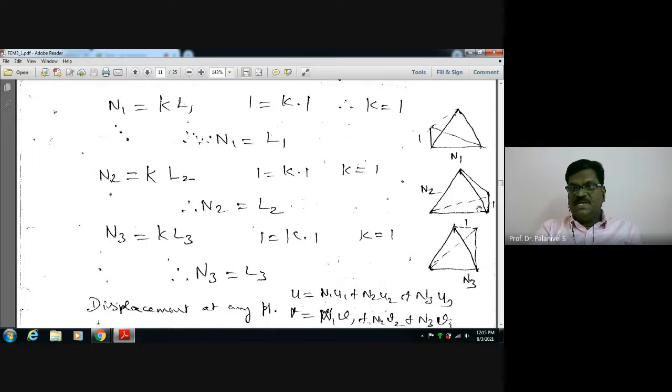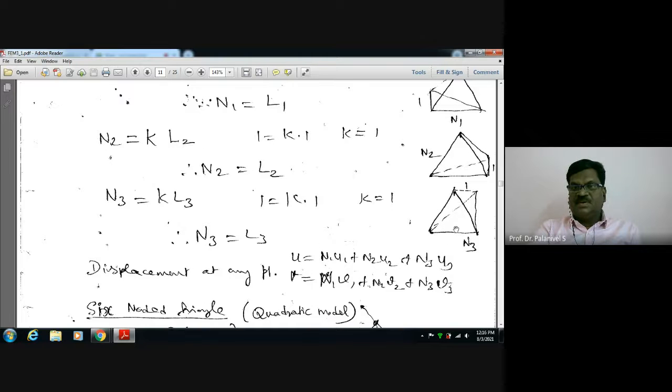So the variation will be something like this as shown. Variation of N2, and variation of N3 also as shown. N3 has unit value at node 3 and 0 at other nodes. That's why you have to join like this. Some variation of displacement, exactly cannot be shown. Try to understand roughly. Don't think too much in this.